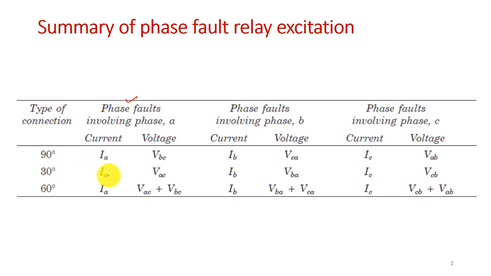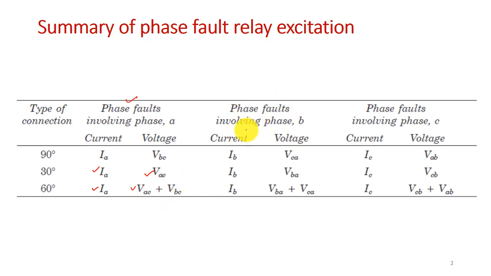Similarly, for the 30-degree connection we feed phase A current and voltage VAC, that is the line voltage across phases A and C. Similarly, for the 60-degree connection we feed current of phase A, and the phasor sum of the voltages VAC plus VBC.